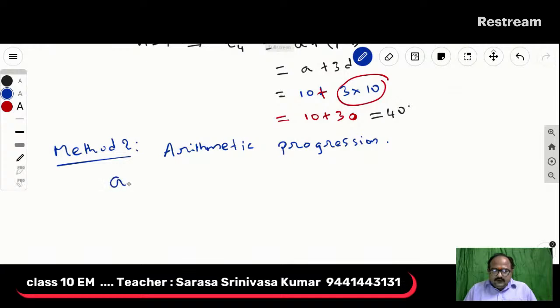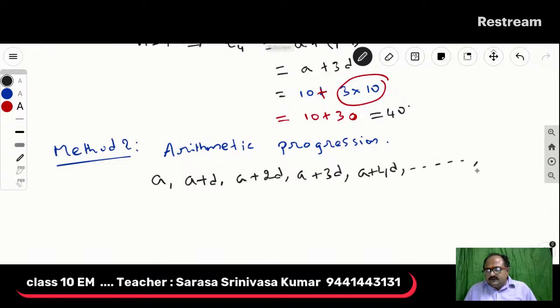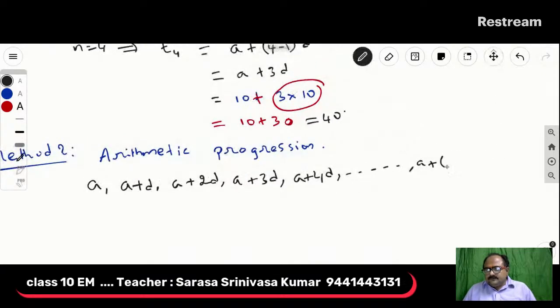The first term is A. Second term A plus D, A plus 2D, A plus 3D, A plus 4D, and so on, A plus n minus 1 multiplied by D.